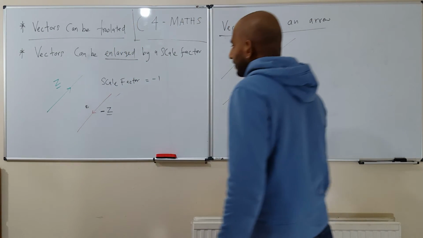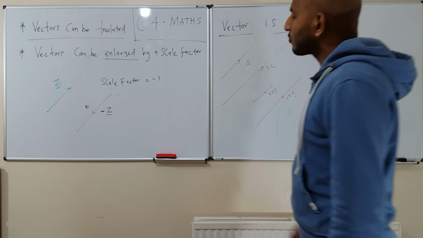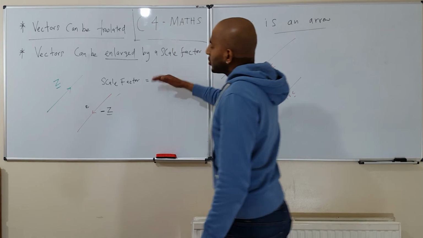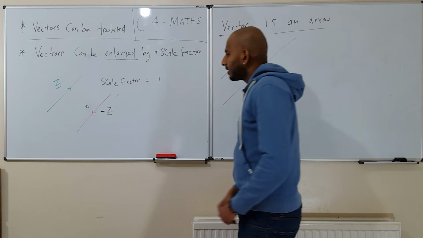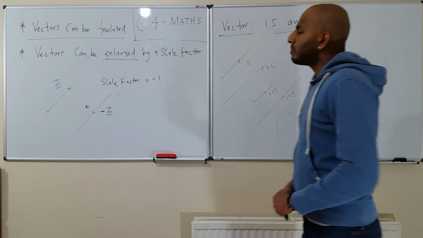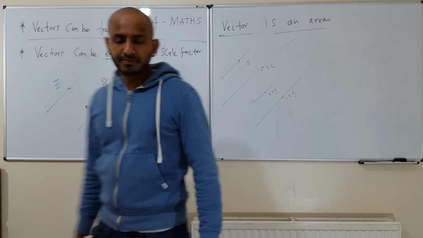You can think like that. So when the scale factor is negative, what happens is it just changes the direction. So minus refers to the opposite direction of the vector.